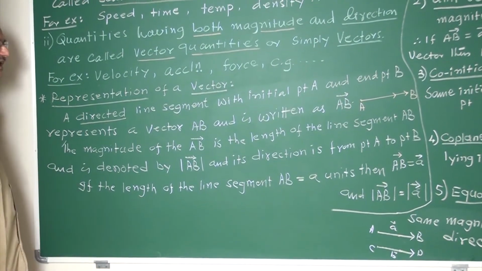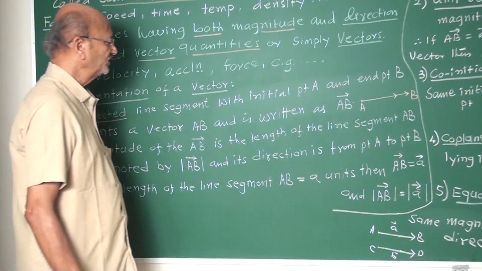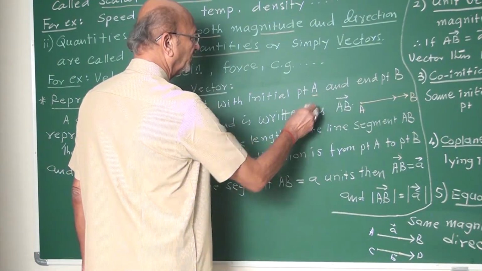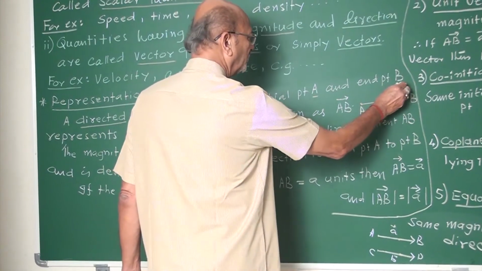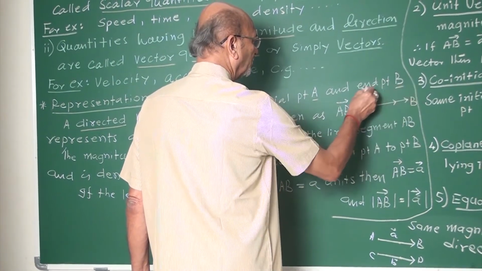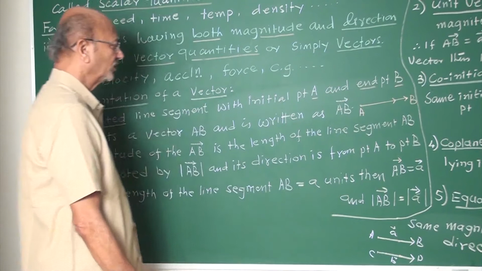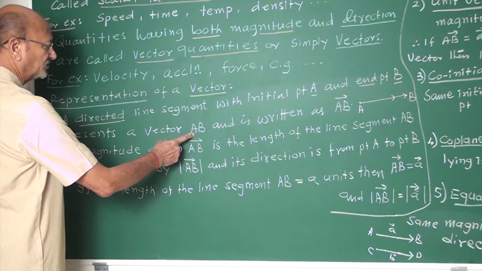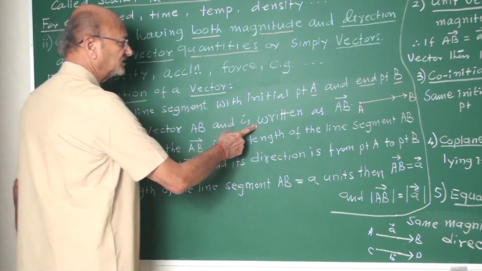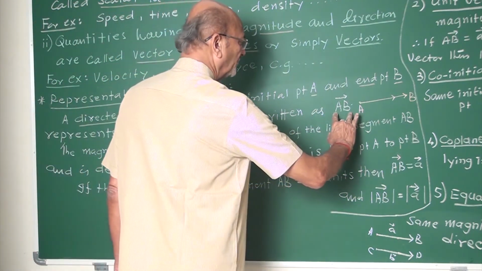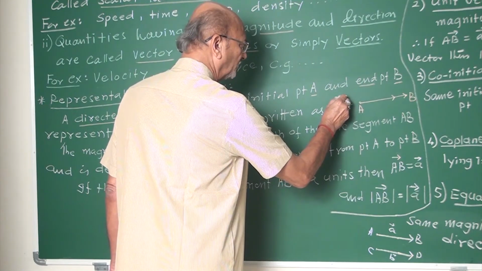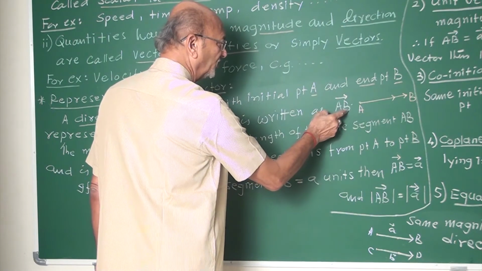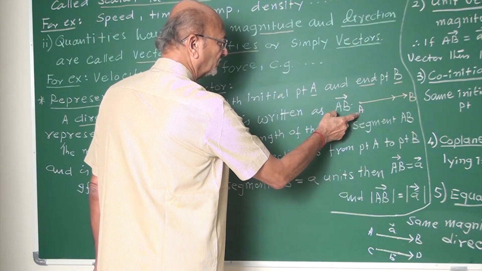A directed line segment with initial point A and end point B represents a vector AB, and is written symbolically as AB. This is, my friends, direction. This direction is from A to B. Here it is a geometrical figure.